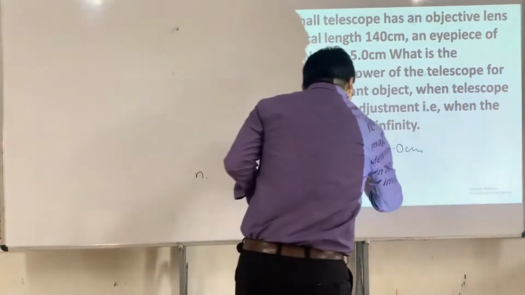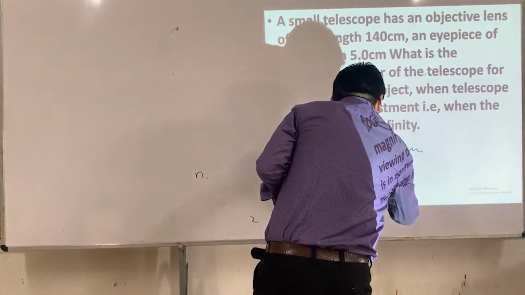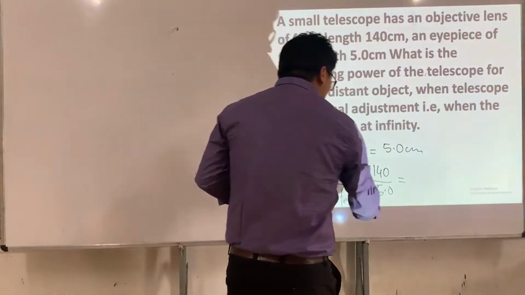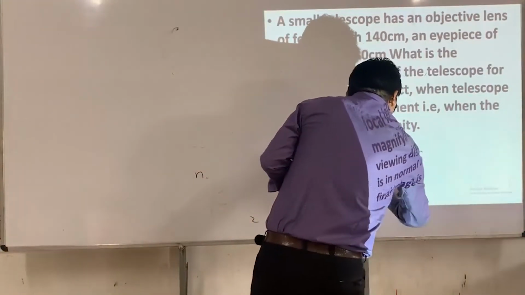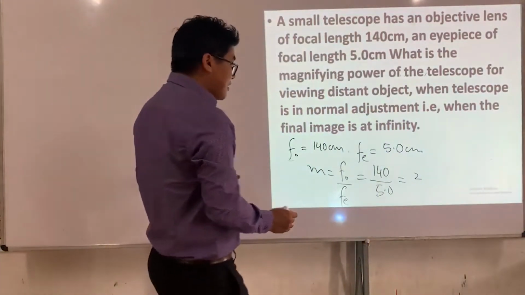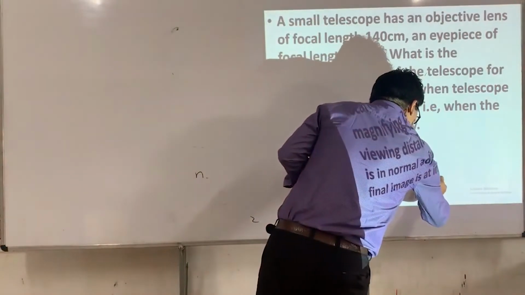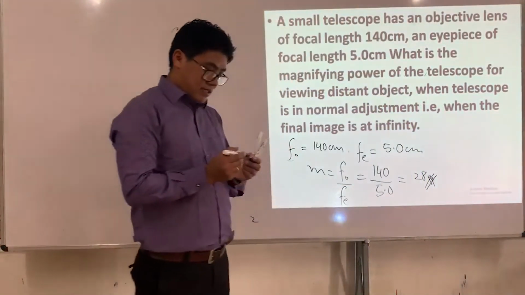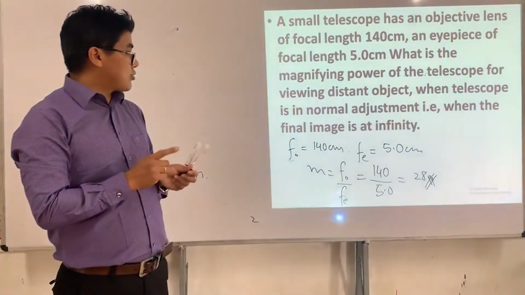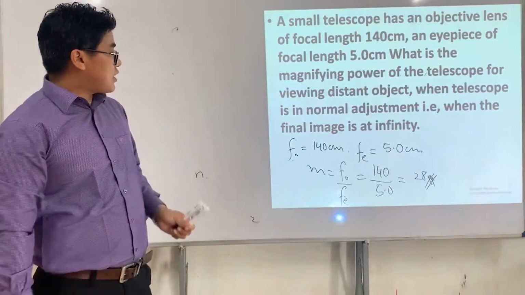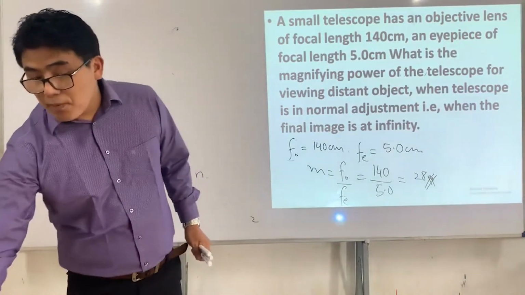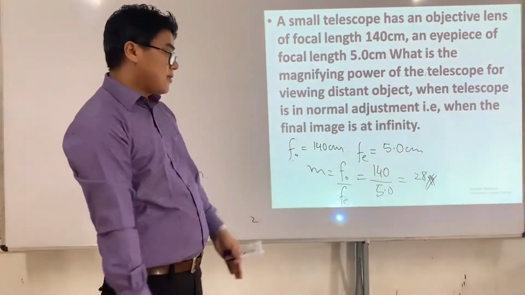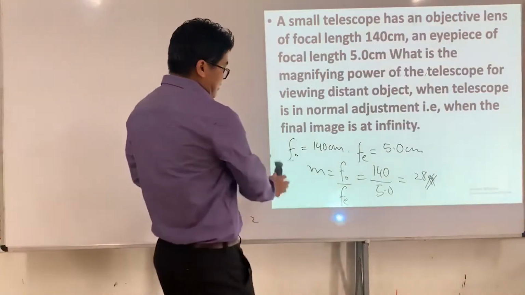Then I say this is 140 divided by 5, and if I cancel out, 5 2s are 10 and 5 8s are 40. So magnification is 28. It has no unit. The magnification of this simple telescope is 28, which means it magnified 28 times.